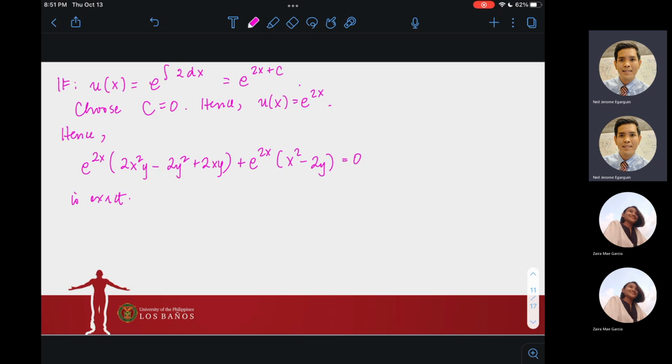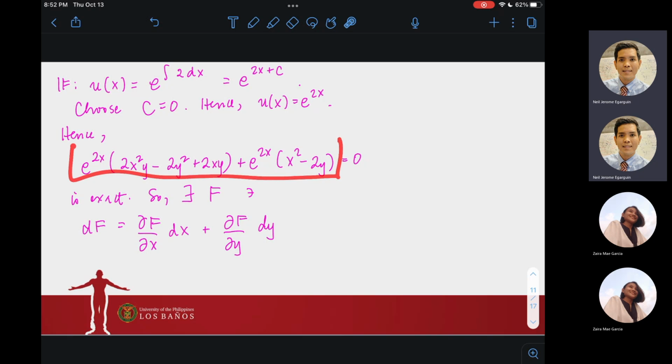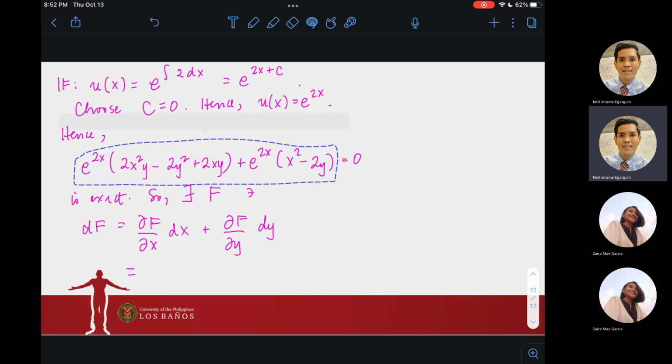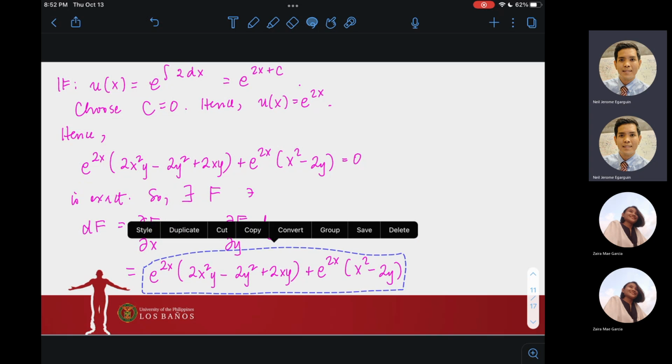Dahil siya exact, there exists a capital F such that the total derivative of F will be equal to the partial of F with respect to x times dx plus partial of F with respect to y dy. Okay? And this should be equal to the left-hand side of our ODE. So dapat ito ay equal dito. Ito yung property ng pagiging exact.